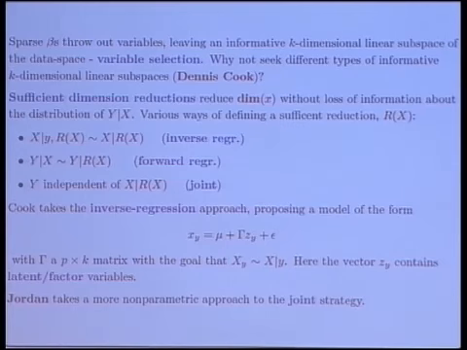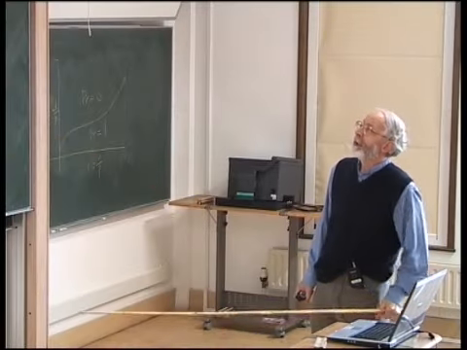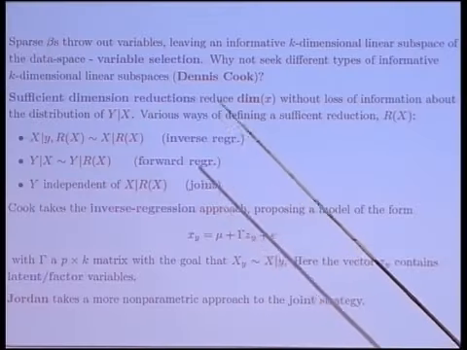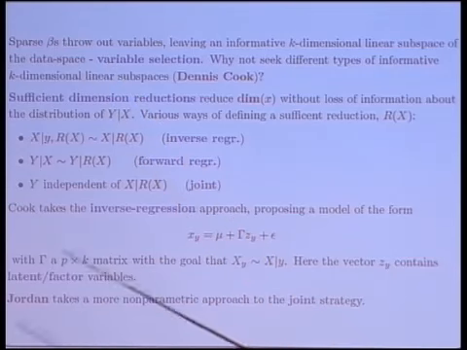Well, I'm going to move away now from the lasso, but still consider this problem of reducing dimensionality. This page describes Dennis Cook's approach to this. What we say at the top here is that if you're going to choose a sparse beta, you're throwing away variables, and you're therefore choosing a certain k-dimensional subspace of the parameter space.